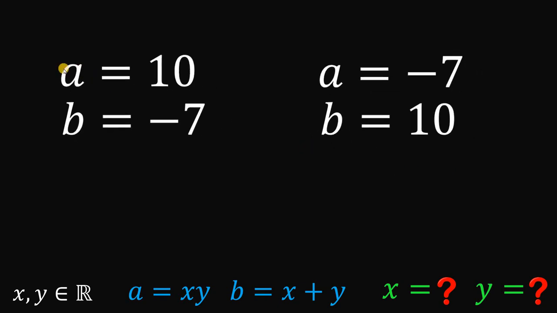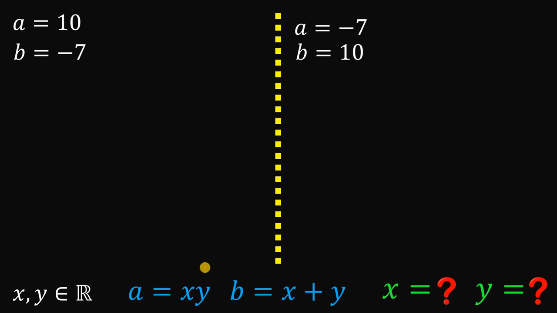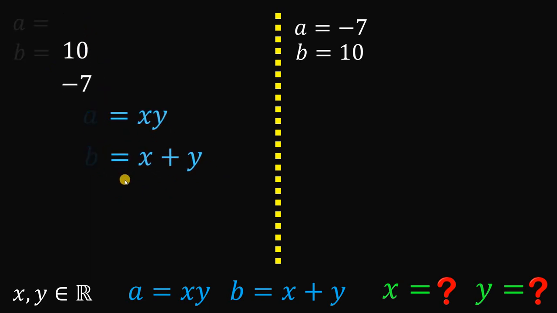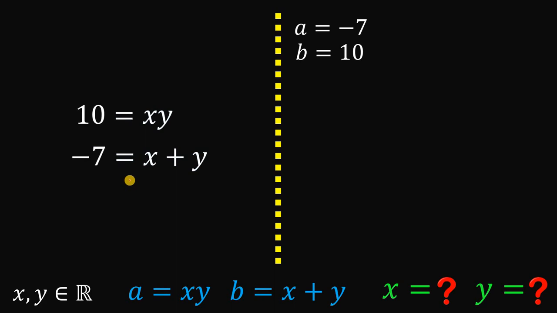So, using these values of a and b, we can now solve for the values of x and y. Now, let's have the first case, wherein a equals 10 and b equals negative 7. So, we know a equals 10 and b equals negative 7. Alright. And now, we can solve for the values of x and y.